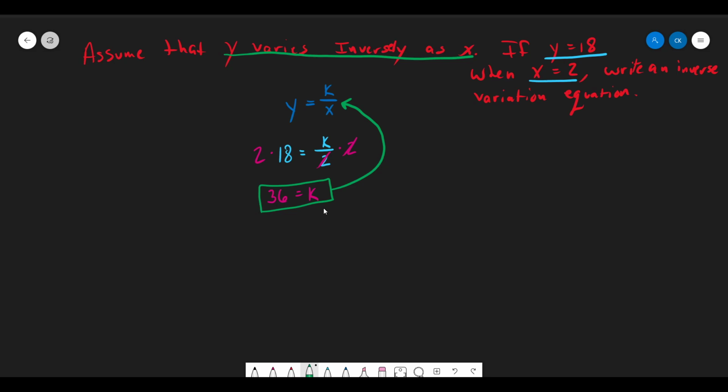A function has to have y and x in it. So this gets rewritten as y equals 36 over x. That is the inverse variation equation if y is 18 when x is 2. This would be the equation that I am looking for.